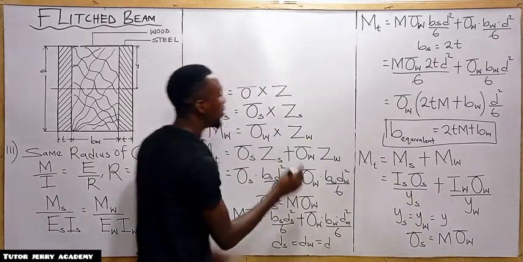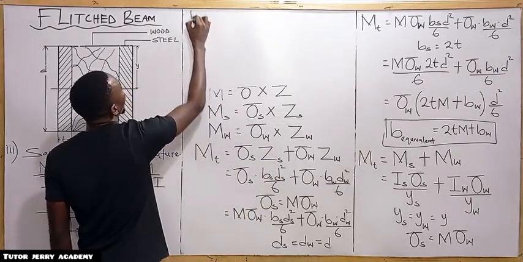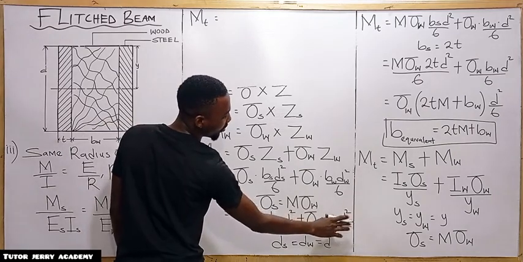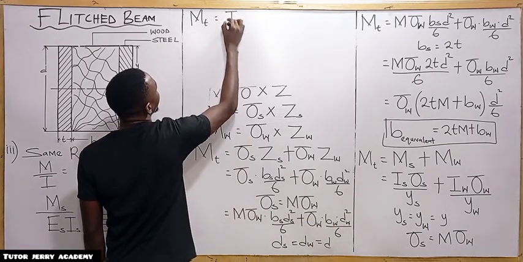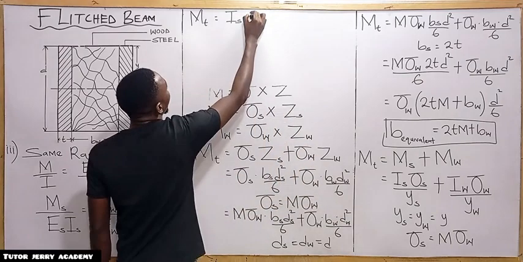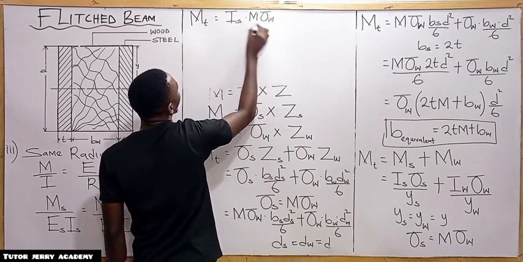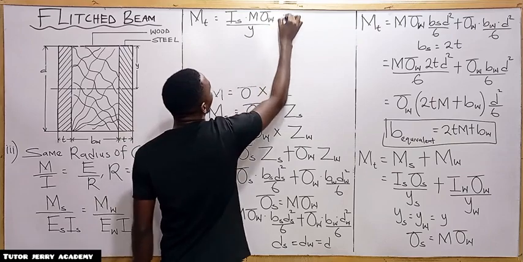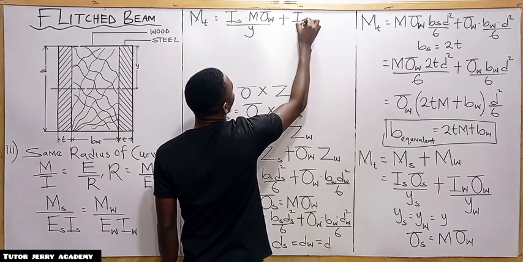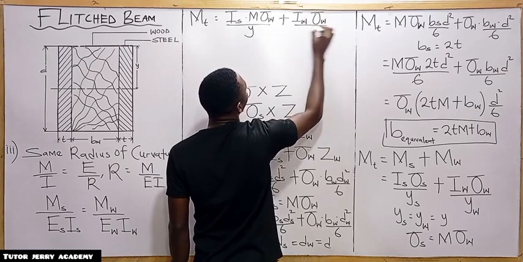All right, so if we substitute all of that stuff there, we are going to have our M subscript t equal to I subscript s multiplied by our stress, which is m multiplied by stress subscript w, everything here over y, plus here we are going to have I subscript w multiplied by our stress here, everything all over y.